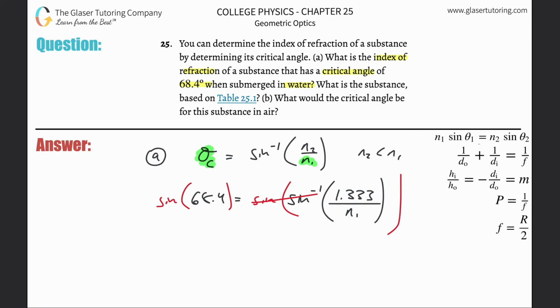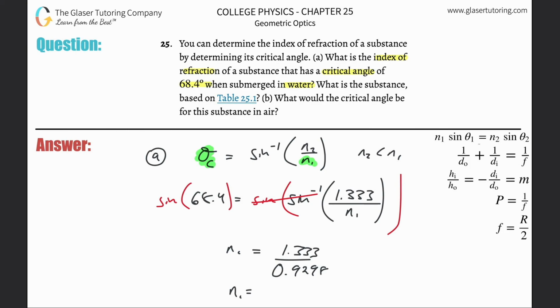Plug it into your calculator. So this is going to be 0.9298, I guess, equal to 1.333 over N1. Simply cross multiply. And now you're going to get your N1 value, which is 1.333 divided by 0.9298.